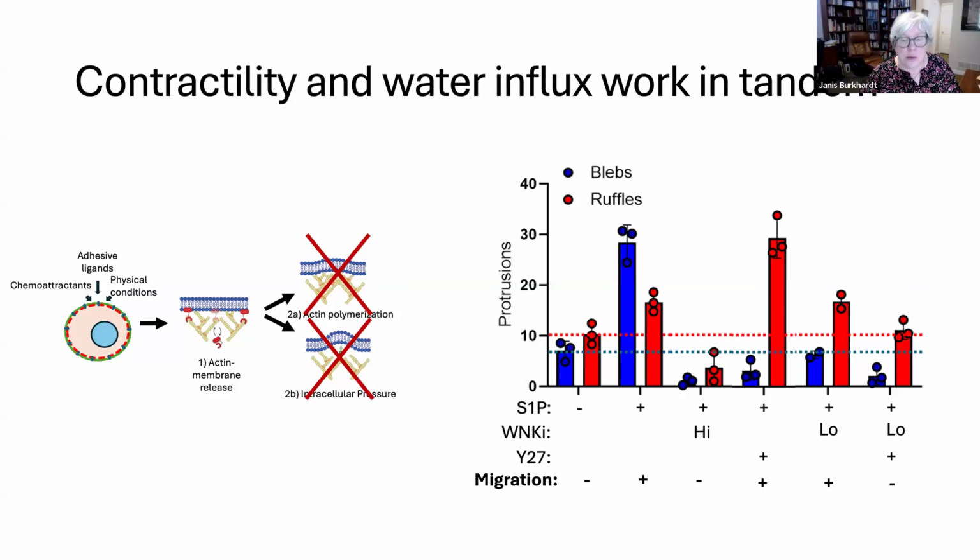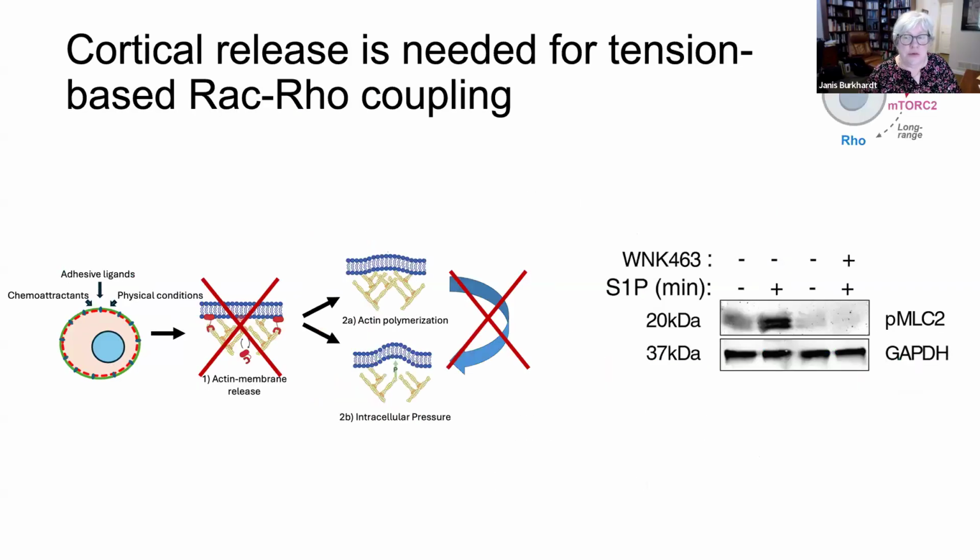So it turns out there was one more little surprise to the Wnk1 response because actually in response to a reviewer's suggestion, we looked to see what the Wnk inhibitor did to S1P dependent myosin light chain phosphorylation, and it blocked that too. And if you think about it, that makes a lot of sense because I told you that the coupling of S1P to myosin light chain 2 involves this tension-dependent relay system.